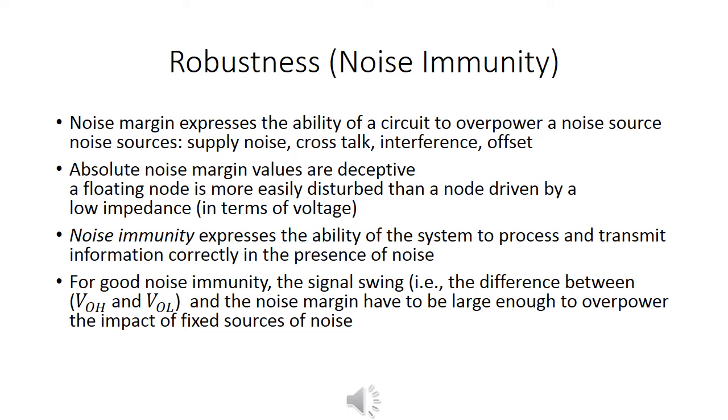Many digital circuits with low noise margins have very good noise immunity because they reject a noise source rather than overpower it. For good noise immunity, the voltage swing and the noise margin need to be large enough to overpower the impact of fixed sources of noise.